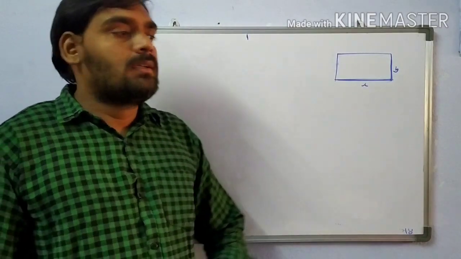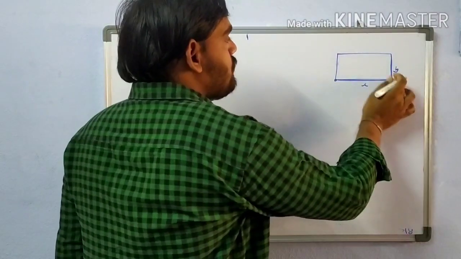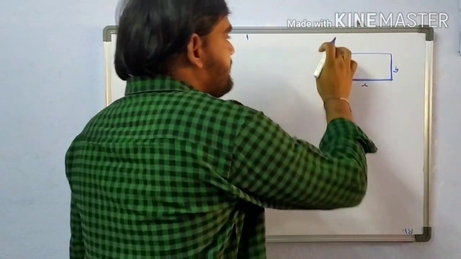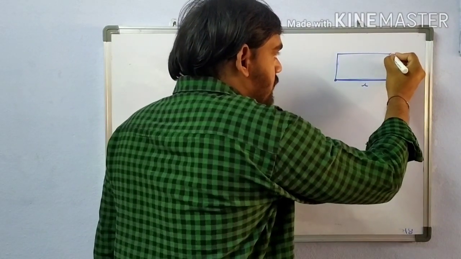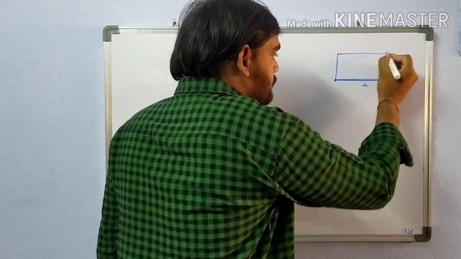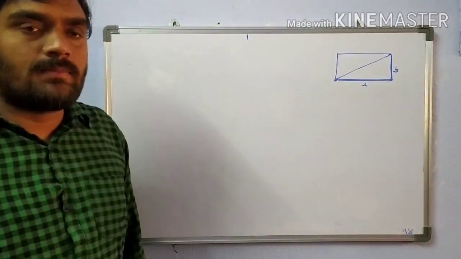Adjacent means side by side. Here, this is one vertex, and these two are adjacent vertices. Except these two vertices, when you join the other vertex, this is called a diagonal, isn't it?